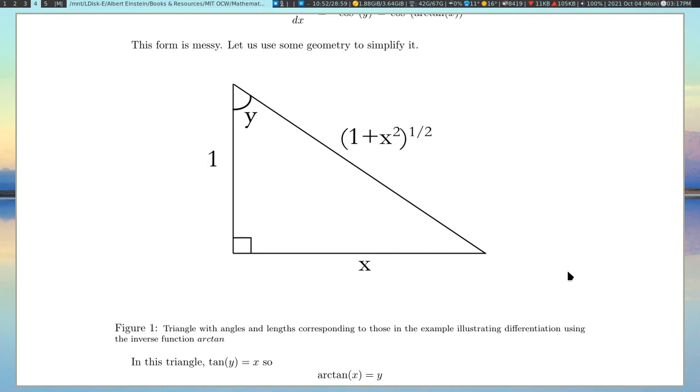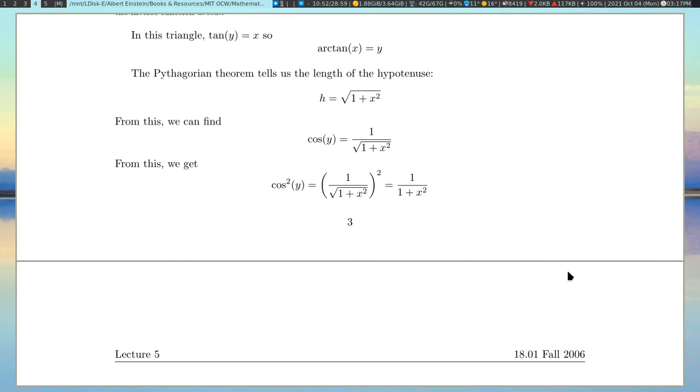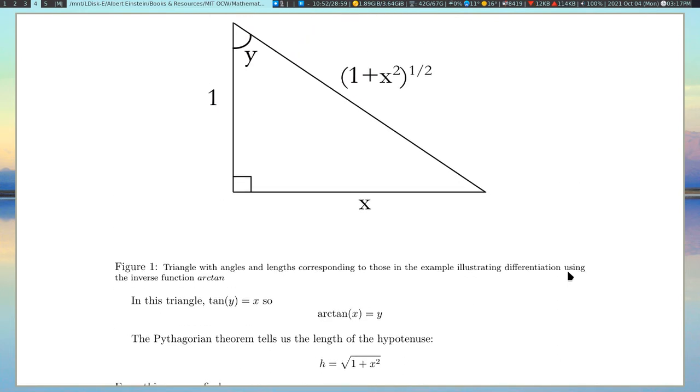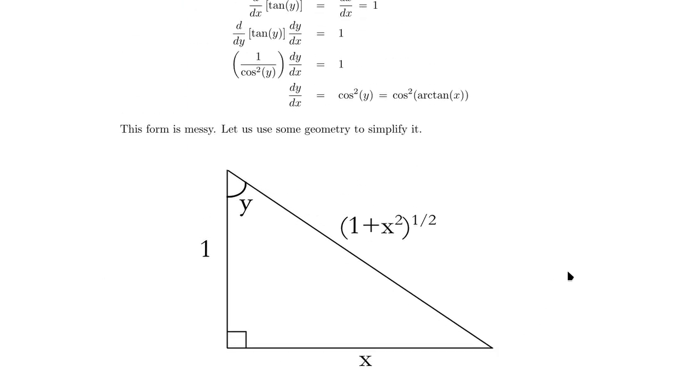Right now, what they're saying here is the triangle where tan of y is x, so x over 1. It is an inverse function.